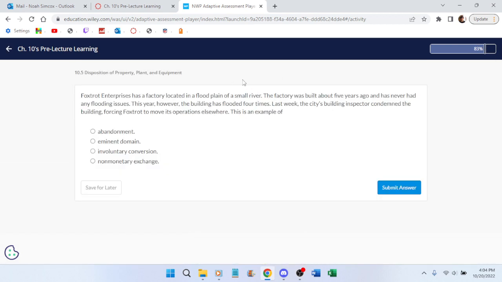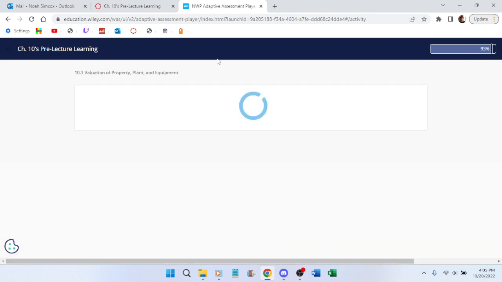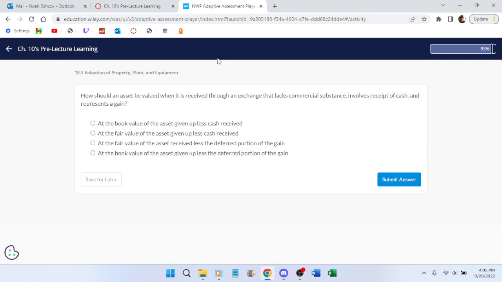A factory located in a floodplain, this would be involuntary conversion. Only one more correct answer and we're good to go, probably.